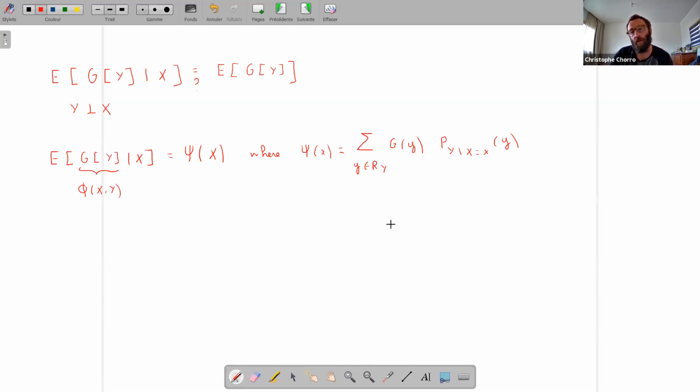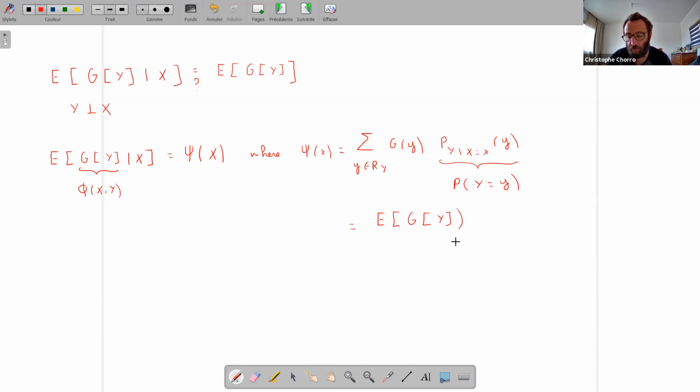But what I know from my statement is that they are independent. And in the case where they are independent, we have seen together that the conditional probability mass function is just the probability mass function of y. So this term is the sum over the possible values of y of j of y multiplied by the probability mass function of y, which is simply what we call the expectation of j of y.